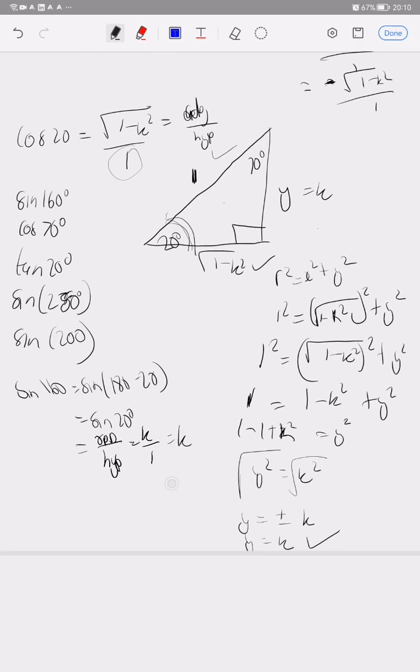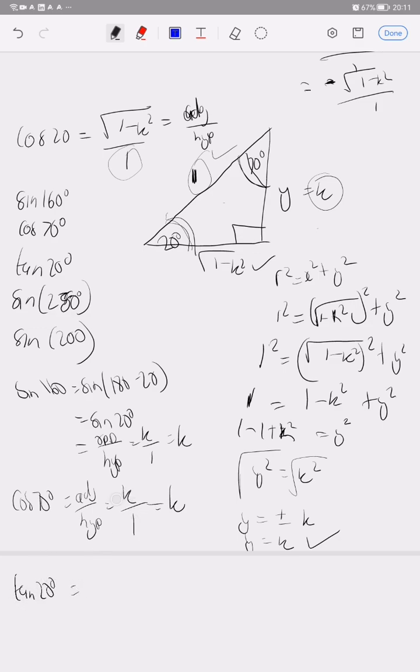What is cos 70? Cos 70, I'm standing here, so this one becomes my adjacent, this one becomes my hypotenuse. So it's going to be adjacent over hypotenuse, which is just k over 1, which is just k. The next question is tan 20 degrees.